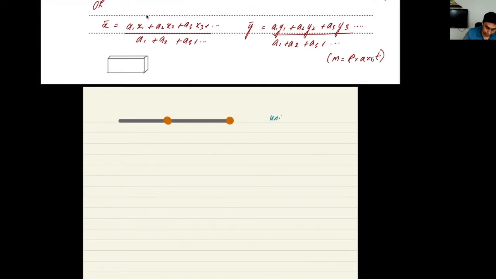Suppose it to be a uniform rod of mass, let's say 3 kg. And there is a 2 kg mass attached over here, and let's say there is a 5 kg mass attached over here. And this is, let's say, 2 meters, and this is, let's say, 3 meters. I want to find out the center of mass of this composite object. This is basically a different thing where you have to find the center of mass of composite bodies.